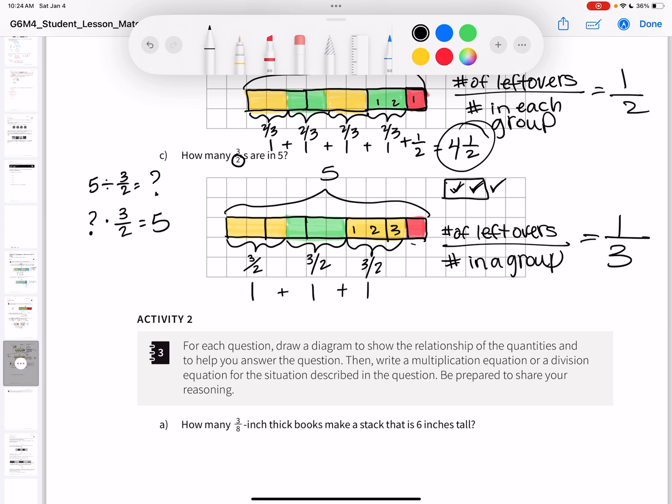Well, we have 1. So this leftover becomes 1/3 of a group. We have 1 of the 3 pieces that we need to make a group. So in all, 1 + 1 + 1 is 3 and 1/3. So how many 3 halves are in 5? Well, 3 and 1/3.